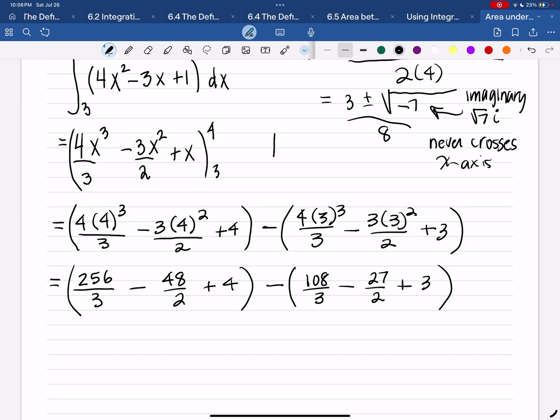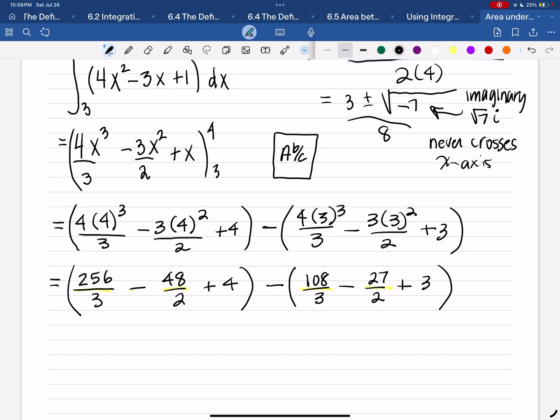I'm going to use my fraction key for every one of these fraction bars. So I'll go ahead and do the first set of parentheses first. That's 256 fraction key 3 minus 48 fraction key 2 plus 4.